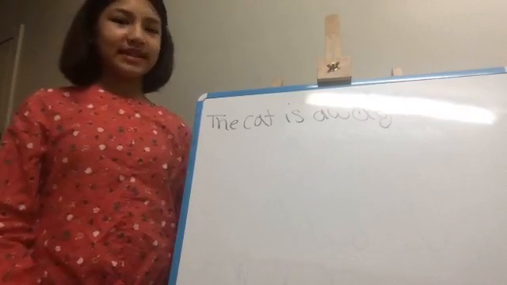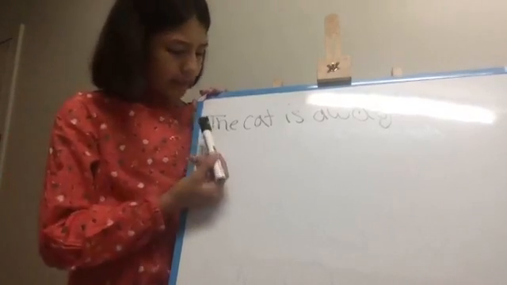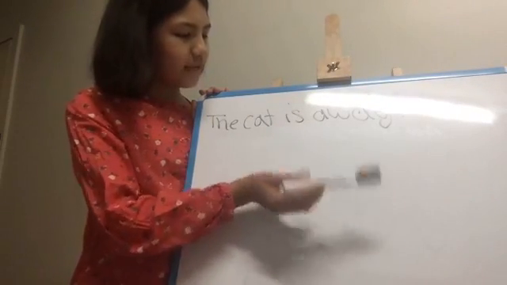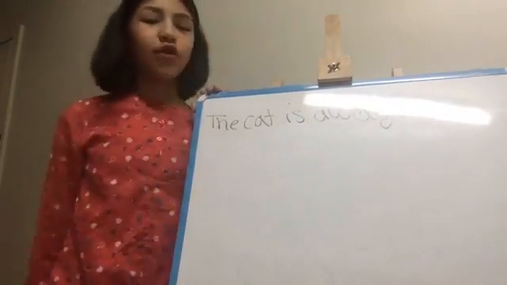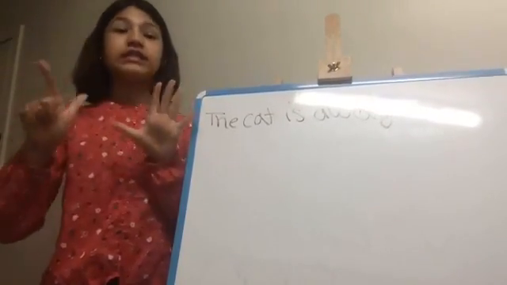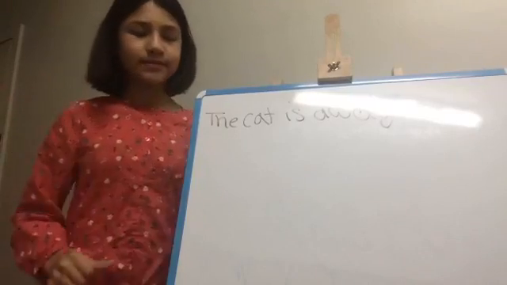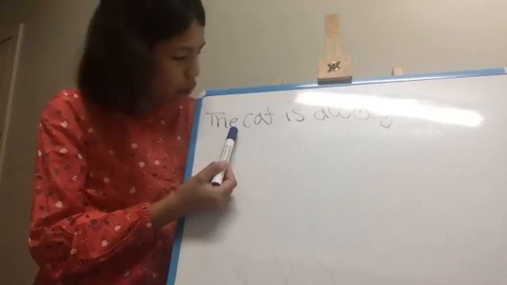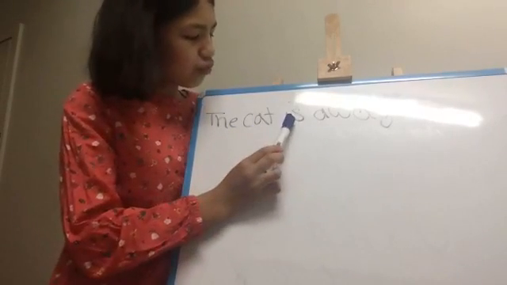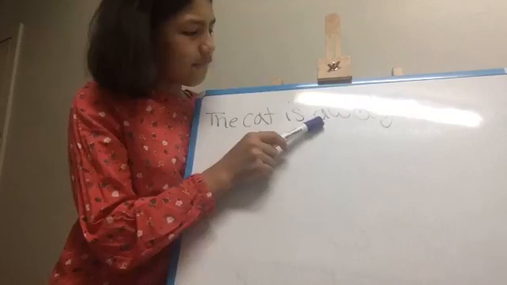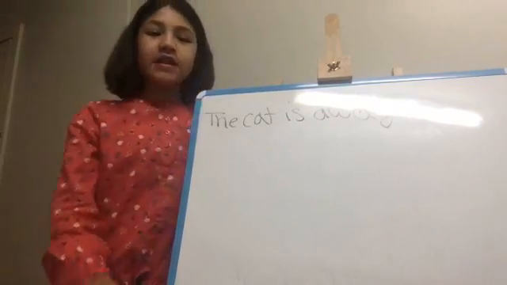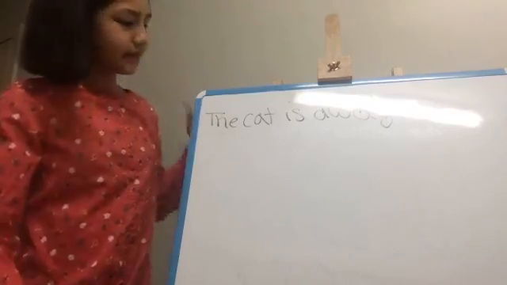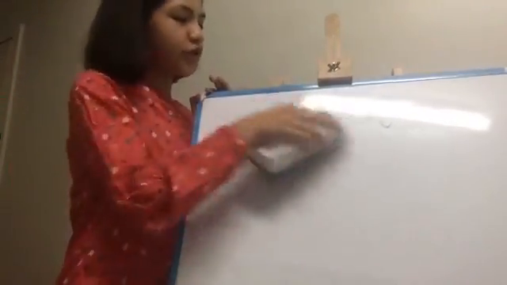Let's see the consonants. 1, 2, 3, 4, 5, 6, 7. There are 7 different consonants. So that must make 1, 2, 3, 4, 5. There are 5 different vowels. Good job, guys.